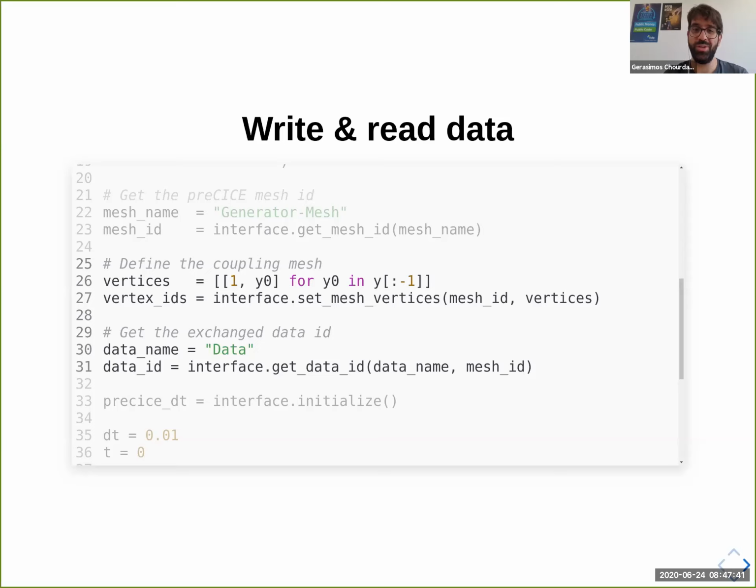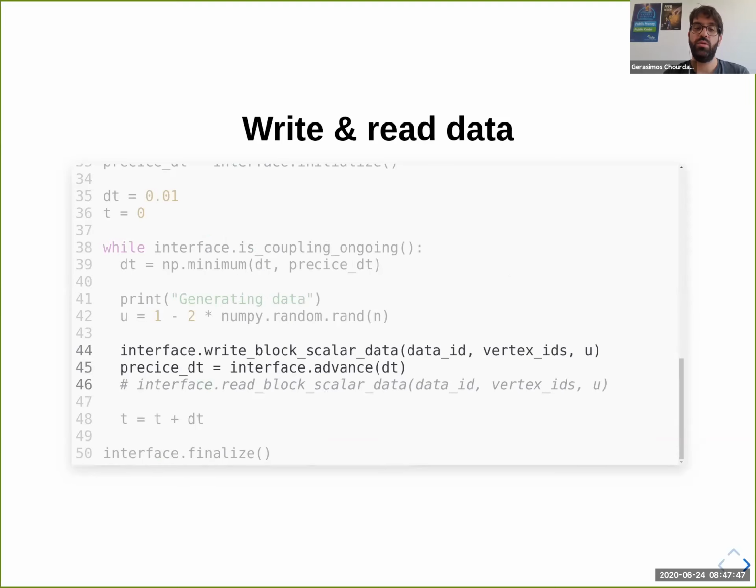In this example, we're calling data. And we can now refer to it. And we can call, for example, the method write block scalar data to write a bunch of scalars of data ID to the vertex IDs. And what we write is the solution view.